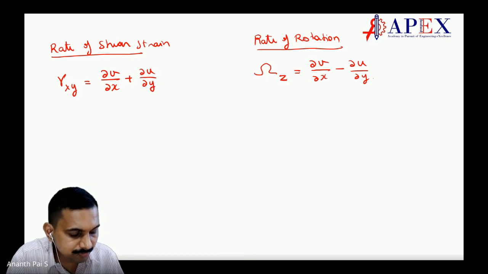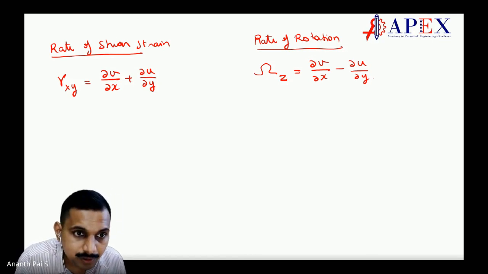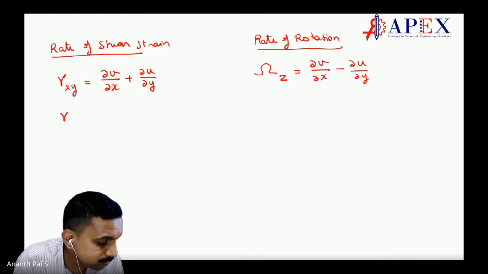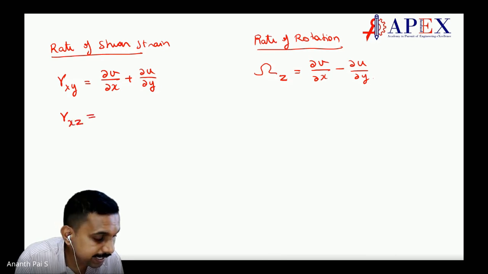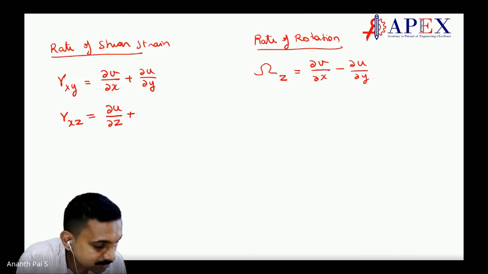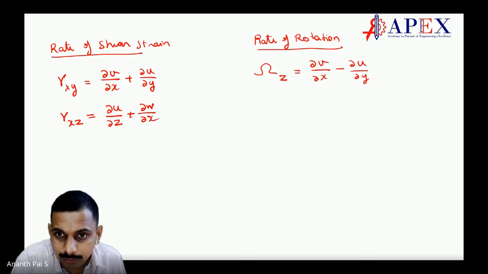Similarly, if you consider other directions, if I consider gamma xz, that would be equal to dou u by dou z plus dou w by dou x.